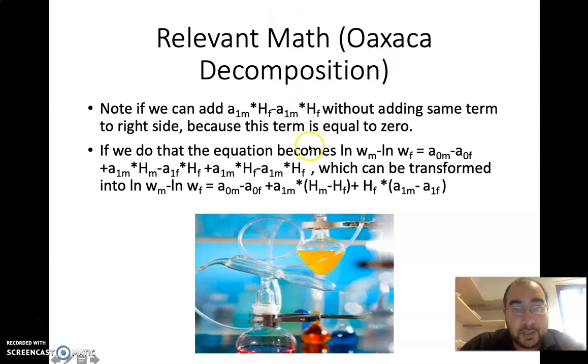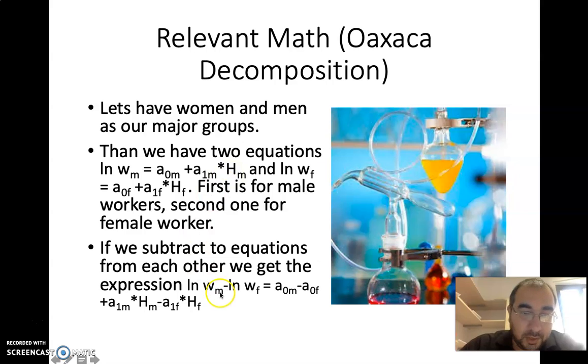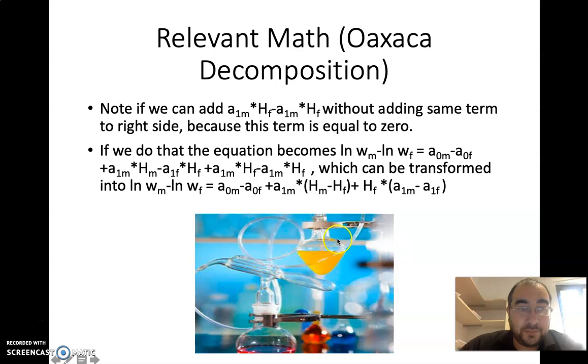So we added it. When we add it, we have at the end of this term plus A1M times HF minus A1M times HF. So we take plus A1M times HM and plus A1M times HF.